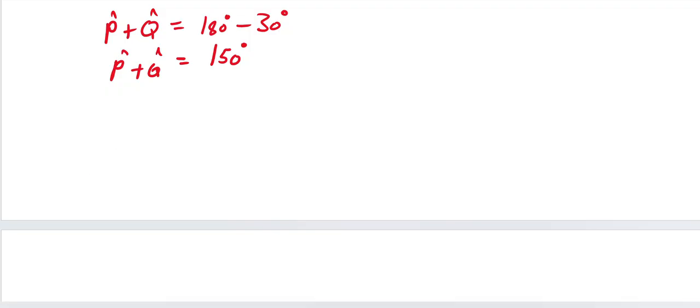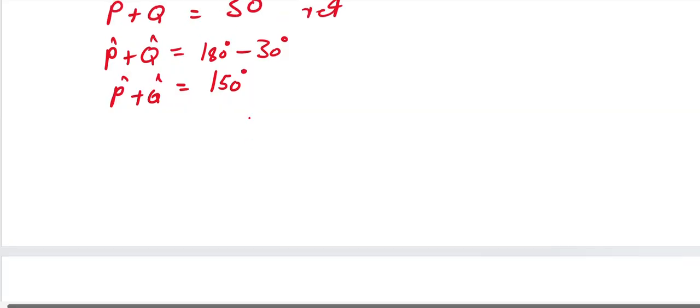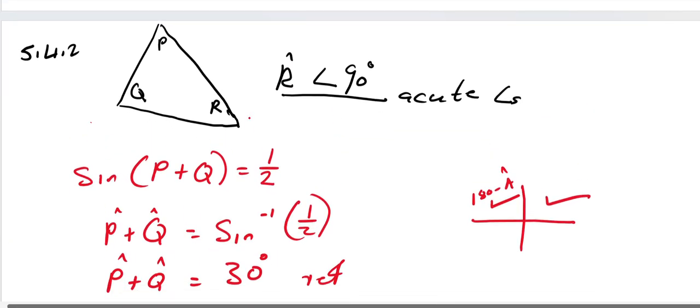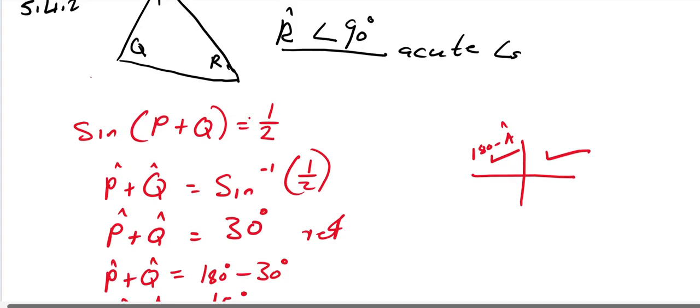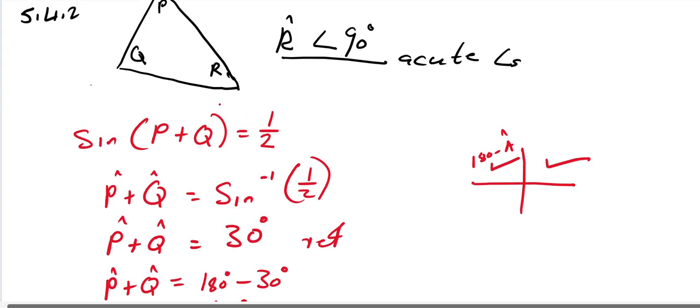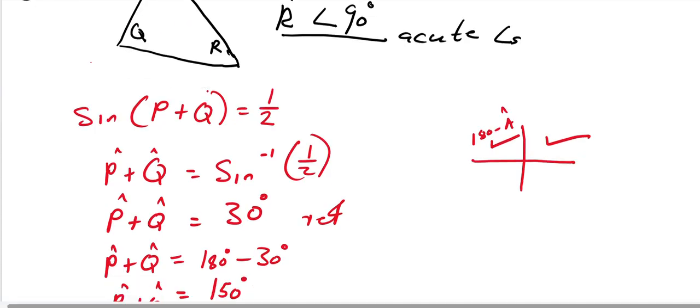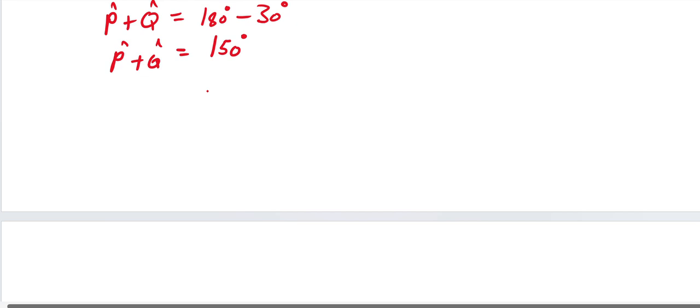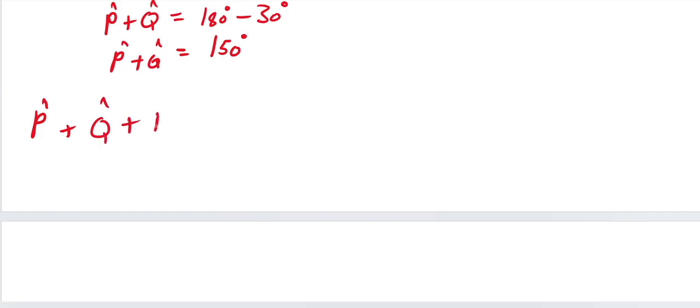So now we are solving. We know that in our triangle we have P plus Q plus R, the interior angles of a triangle, and we know that the interior angles of a triangle add up to 180 degrees. Let's say angle P plus angle Q plus angle R is equal to 180 degrees.